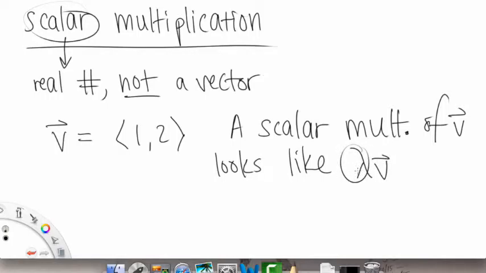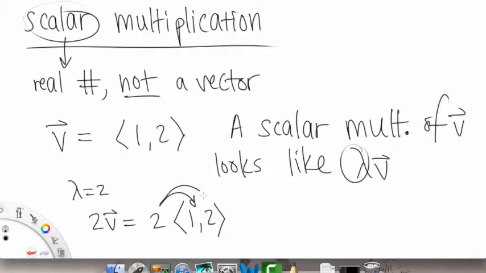Okay, so an example would be maybe like 2 or something, let's say. So let's say lambda equals 2. So a scalar multiple of V would be 2V, and the way we would compute that is 2 times the components 1, 2, alright, and this 2 basically just distributes in, okay?